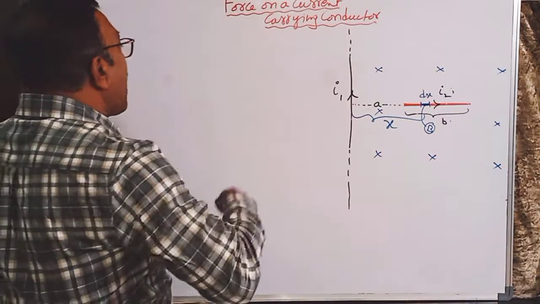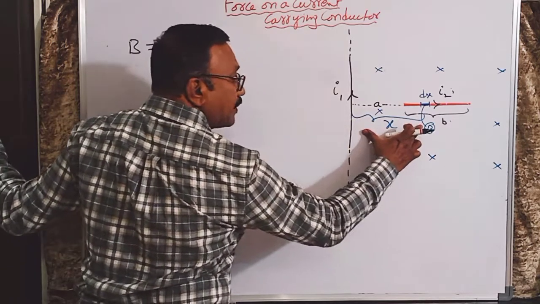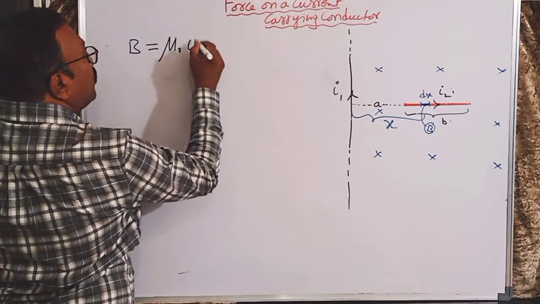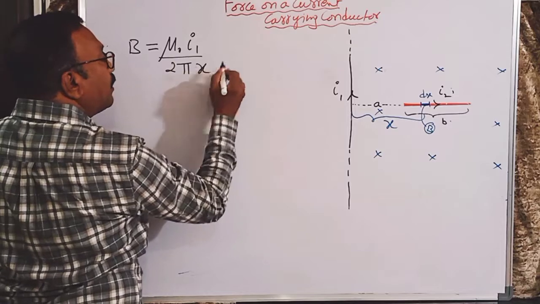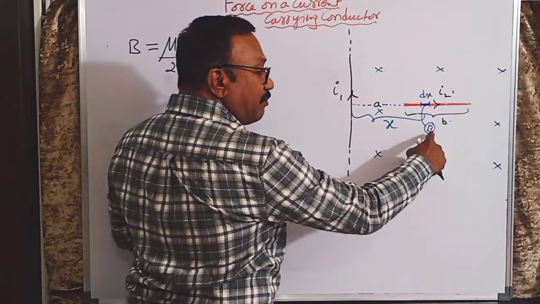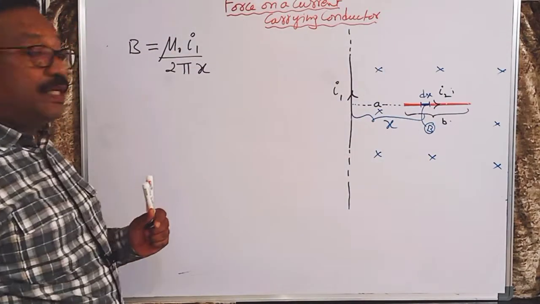The magnetic field at a distance x due to this conductor is mu naught I1 by 2 pi r, where r means distance. Therefore, at this point, the magnetic field due to this wire at a distance x is this.